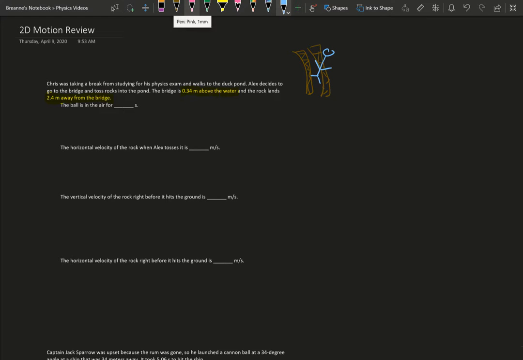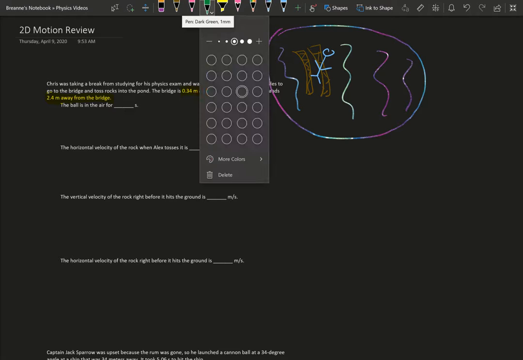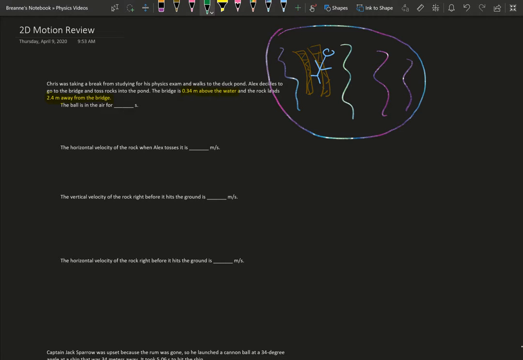And we got the pond. Okay. The bridge apparently didn't go far enough. Oh well. You get the idea. So then he throws a rock, and it goes somewhere along there.